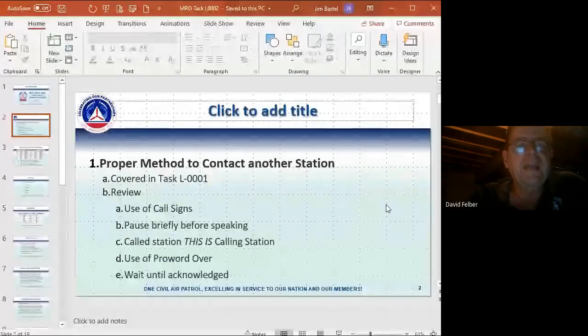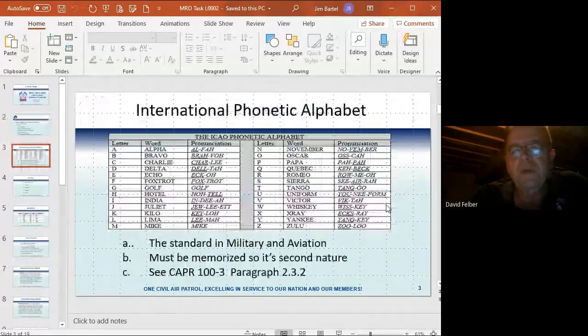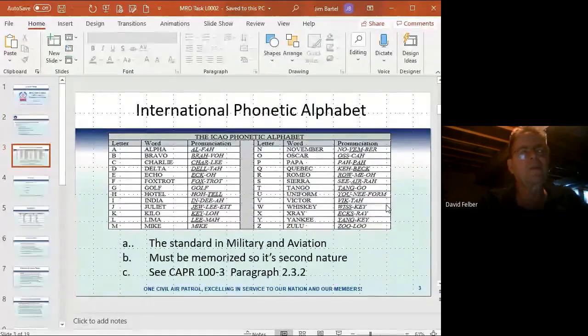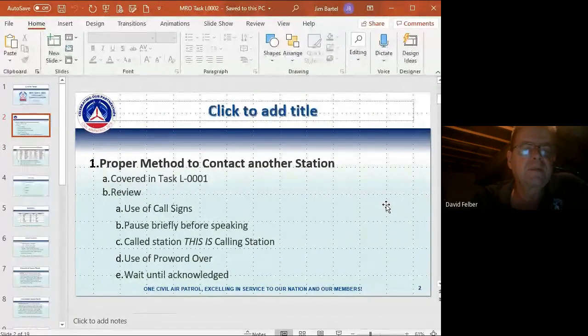Now, on VHF, where we're line of sight, pretty much if he's on, he's going to hear me. Maybe on HF, if I call him, he may not hear me the first time. If he doesn't respond after a few seconds, then I would call him again. But otherwise, wait until the other station acknowledges your call.